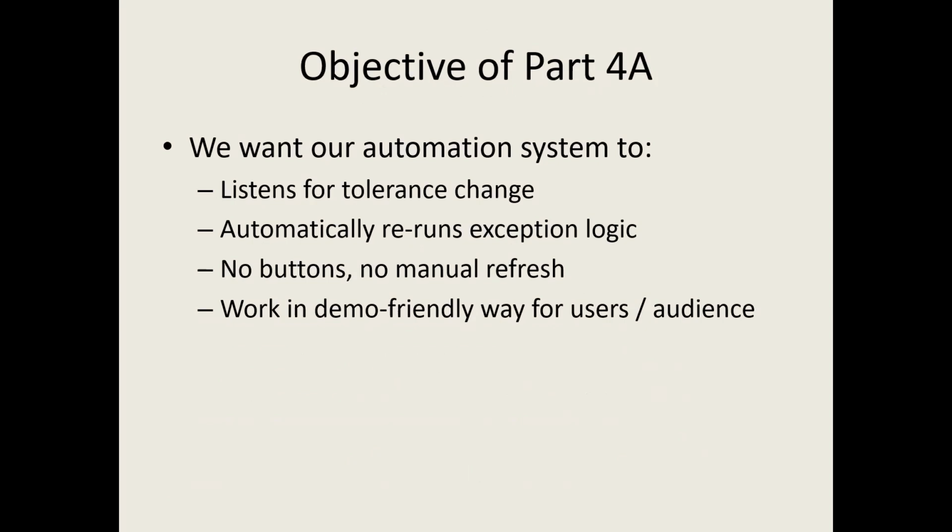The first thing is to listen for the tolerance change. As soon as you change the tolerance, it should automatically run the exception logic, with no need to press any button or do a manual refresh. It will work automatically and in a demo-friendly way for our users and audience.